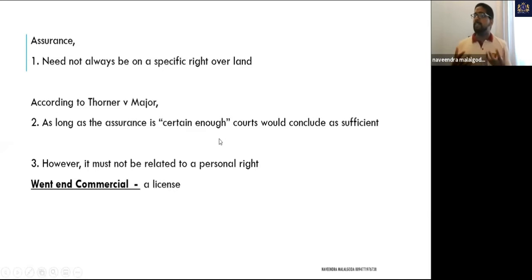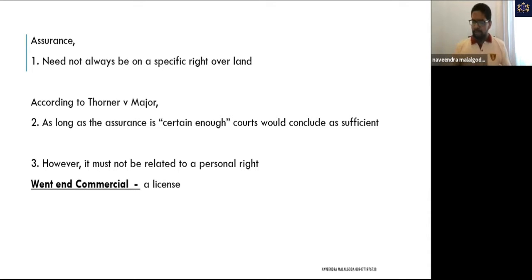Now, when it comes to the assurance or the representation, early on the courts brought in the understanding that it has to be a very specific representation or an assurance made related to a property interest, a proprietary right or an interest. So that assurance or that representation has to be very specific. If I tell you that I am going to give you my freehold title, that is a very specific interest that I have represented you upon.